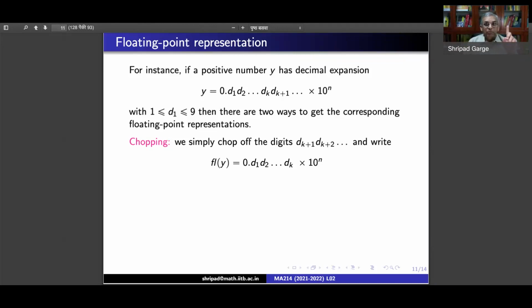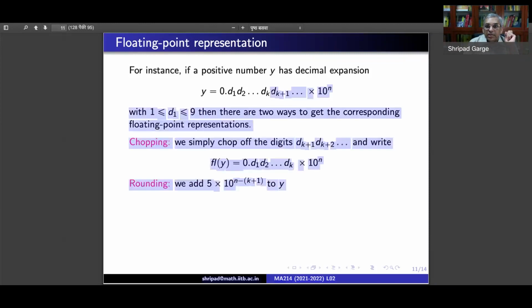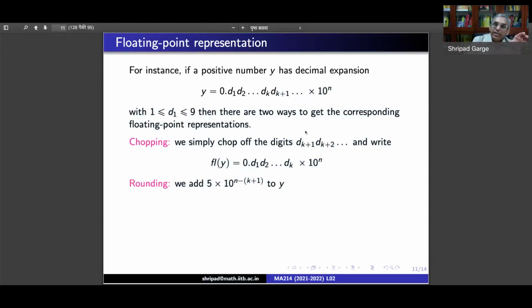This is a very valid way of writing numbers, but there is another slightly better way, which is rounding the numbers. There, what we do is add something to y, and what we add will change dk plus 1 and possibly dk and maybe also the previous ones.